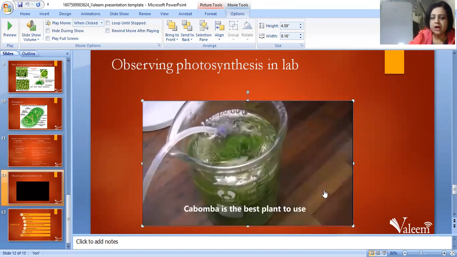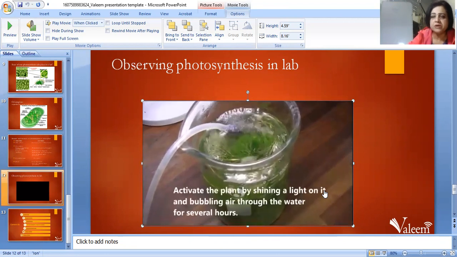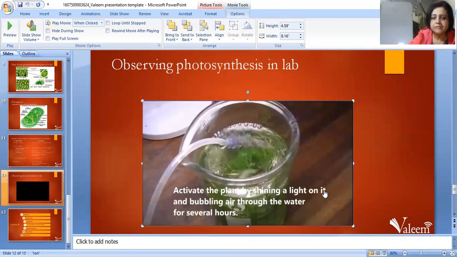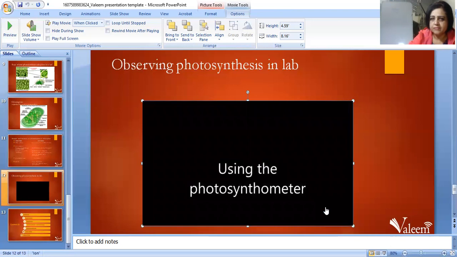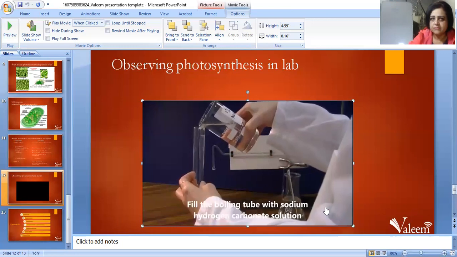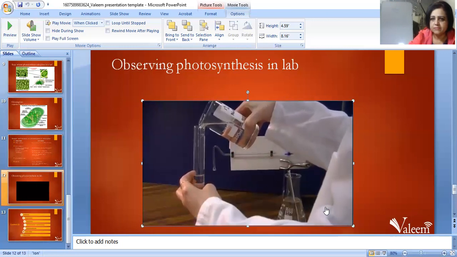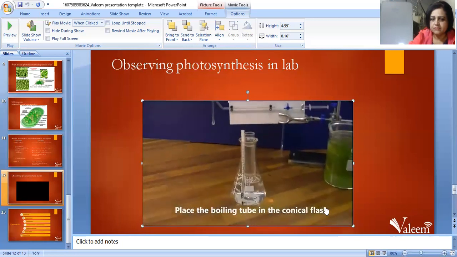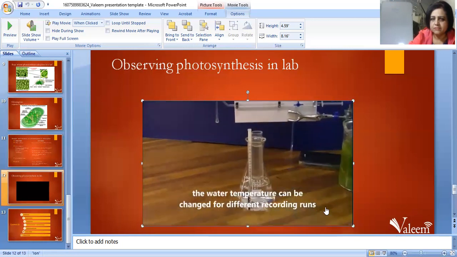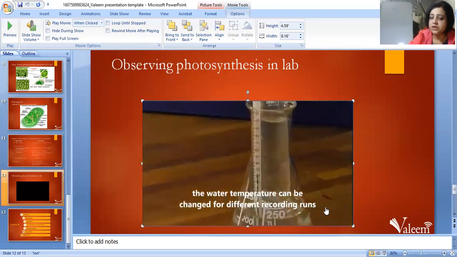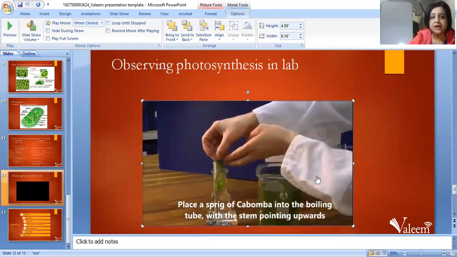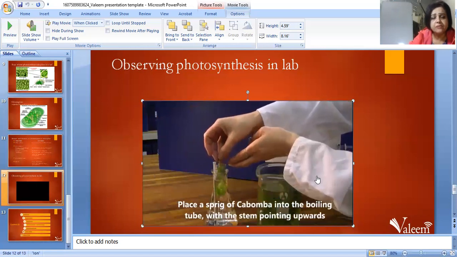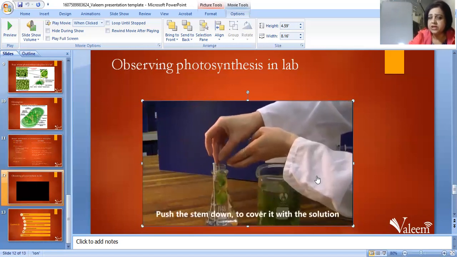Now this is an aquatic plant. You must know the names of aquatic plants. It may be hydrilla. It is very important to maintain temperature, because if temperature is high, as I have already discussed, this is an enzyme dependent reaction, so enzymes may get denatured.